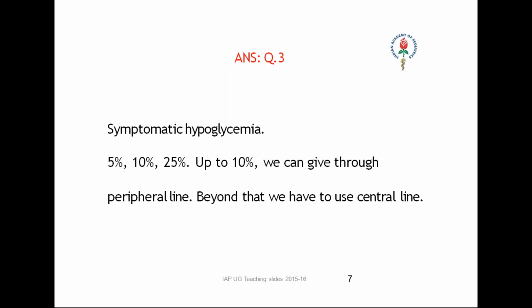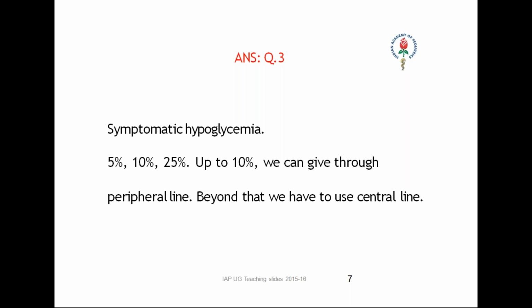Dextrose will be available in different strengths: 10% can be there, 5% will be there, 25%, 12.5%. So 5% dextrose means 5 grams in 100 ml. That is what you have to know. But why we are insisting on strengths is that you can give a strength of only 12.5% through your peripheral line. Beyond that, you have to use your central line.